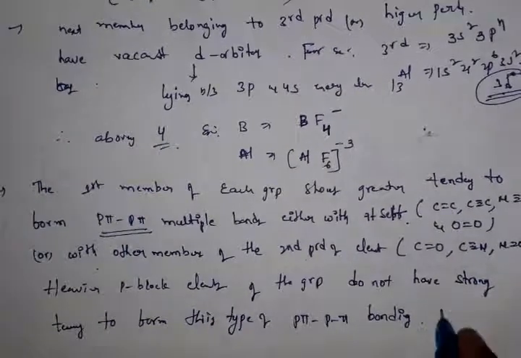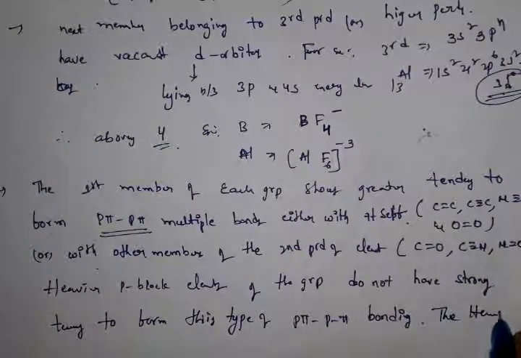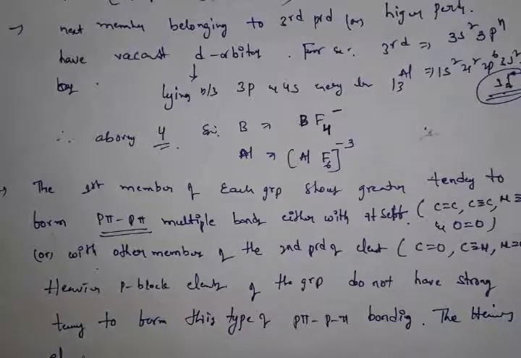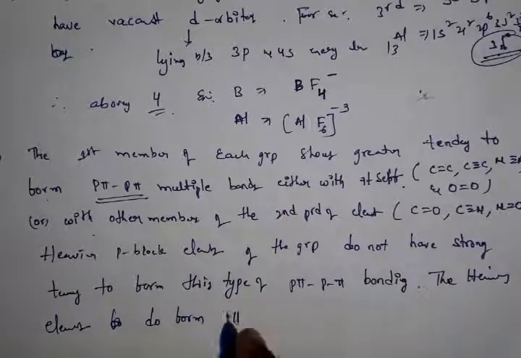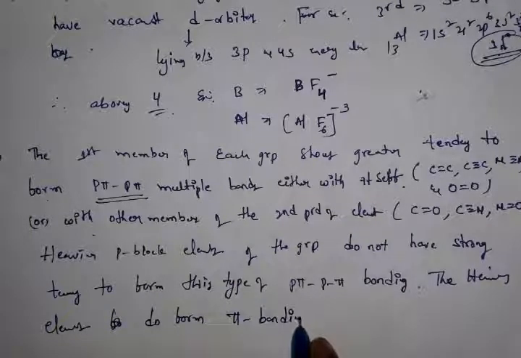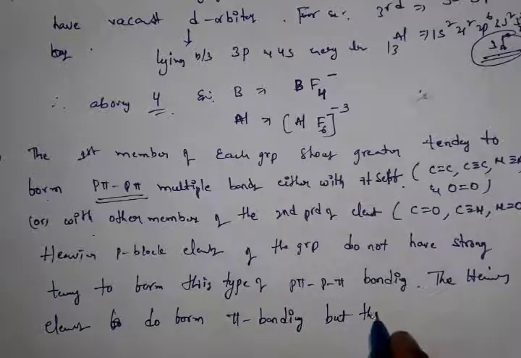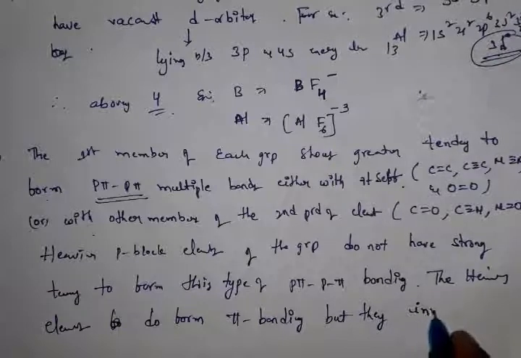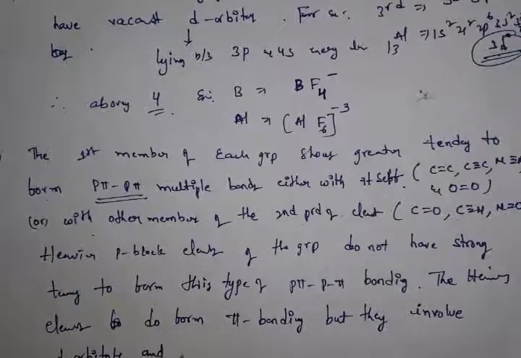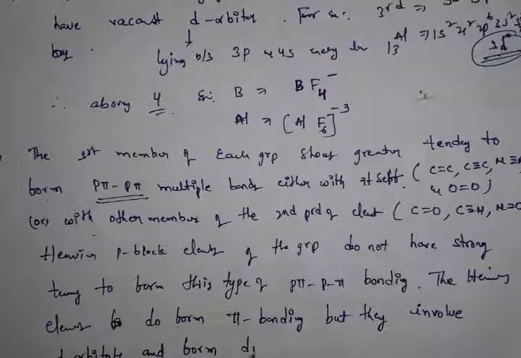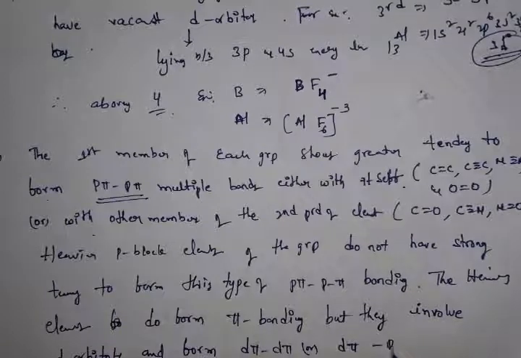The heavier elements do form π bonding, but they involve d orbitals and form dπ-dπ or dπ-pπ bonding.